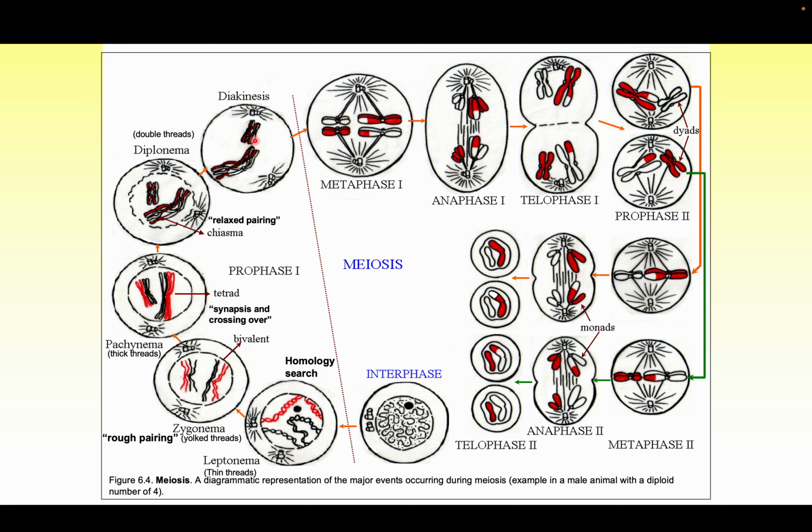So those structures that were formed will now begin to disappear, to facilitate the separation of the chromosomes that now have very different genetic material.